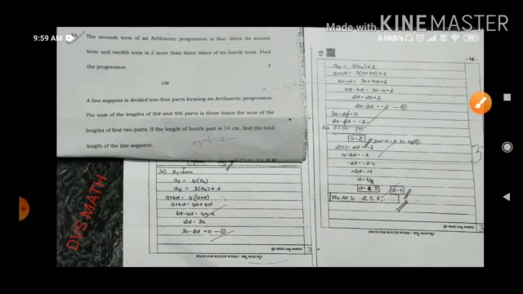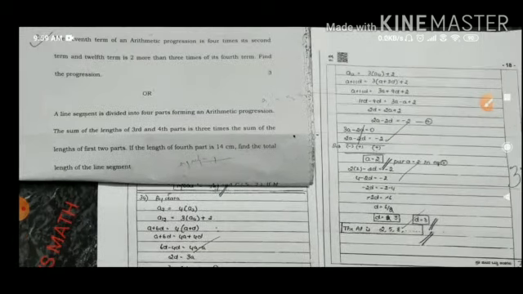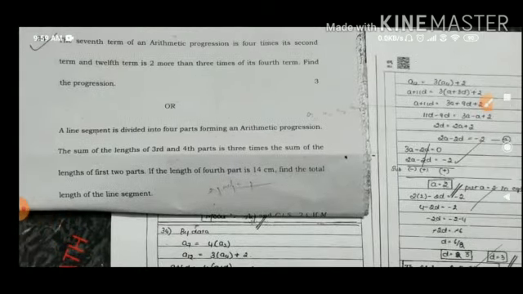Next question, the 34th one, again it is AP, and for the AP question you will have a choice. The 7th term of an AP is 4 times its 2nd term, and the 12th term is 2 more than 3 times its 4th term.